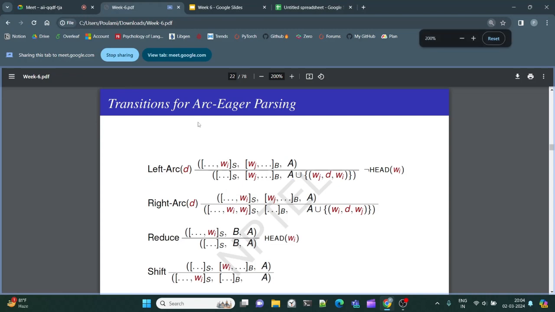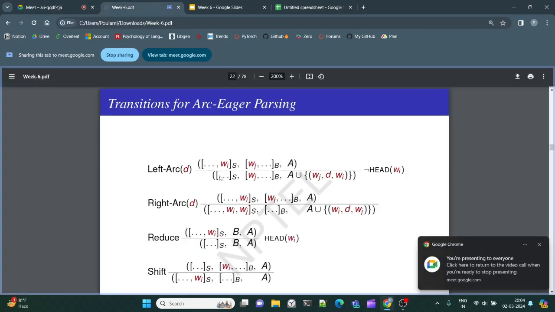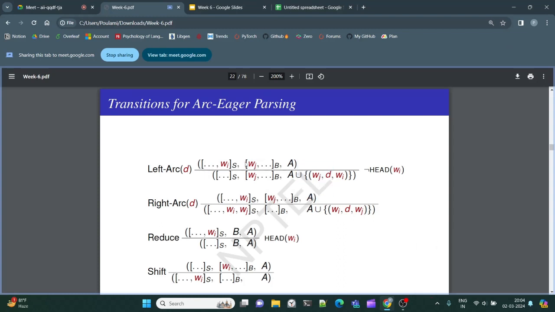Hope it's visible. Yeah, so here you see whenever we do a left arc, the thing that is there on the top is the configuration that we start with, and the thing that is there in the bottom is the configuration that we end up with after we have performed the left arc transition. So here we see that after we perform the left arc transition, the word that was on the top of the stack, which is WI, is dropped. Here you see the WI is no longer here at the bottom, whereas the buffer remains as it is.